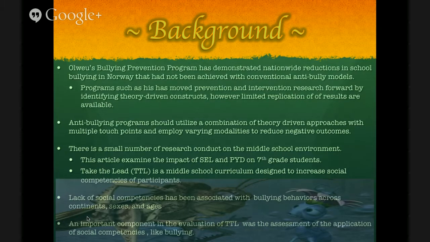Olweus's bullying prevention program has demonstrated nationwide reduction in school bullying, in Norway particularly, that has not been achieved with those conventional anti-bullying models. Programs such as his have moved prevention and intervention research forward by identifying theory-driven constructs. However, limited replication of the results is available, especially in the United States.